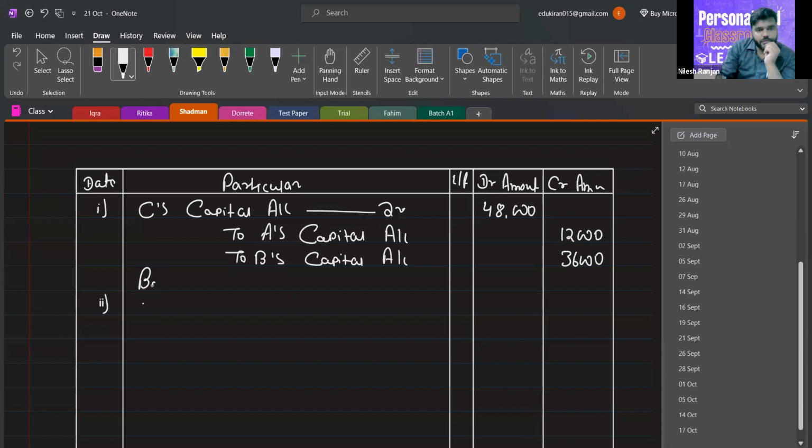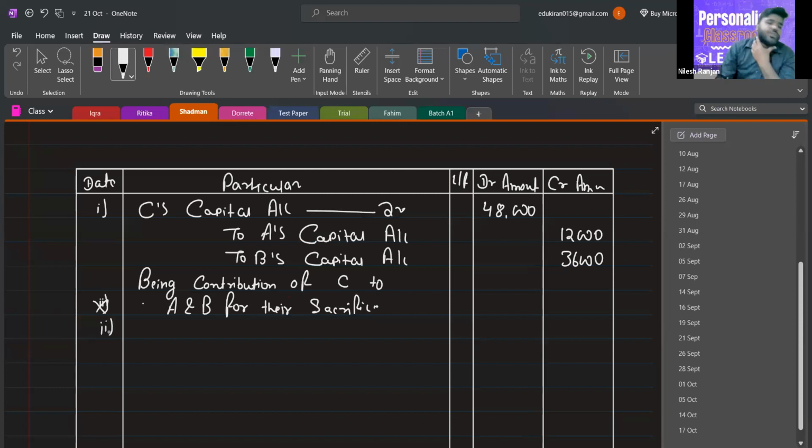It will be a link: contribution of C to A and B for their sacrifice. Or you can write: being compensation paid by C to A and B for their sacrifice.